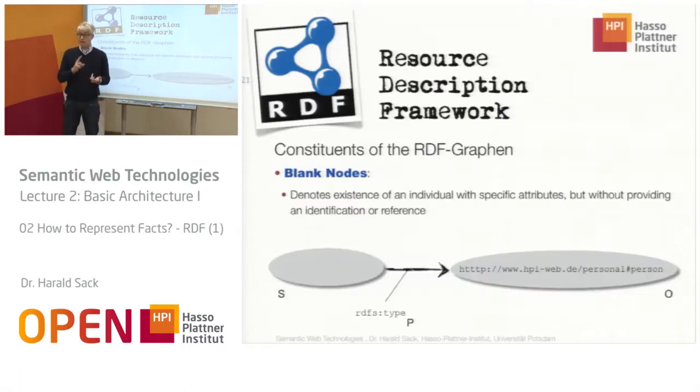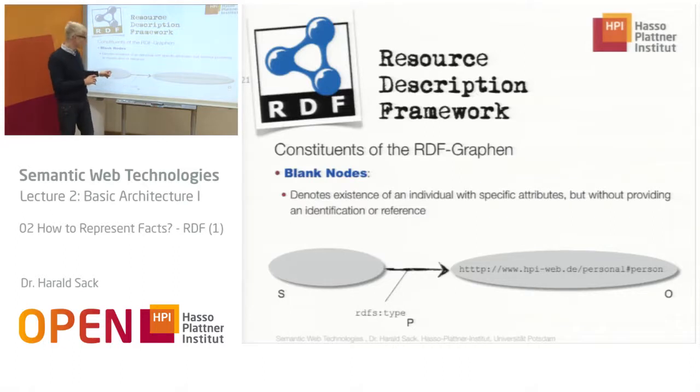Another interesting constituent of the RDF graph, besides resources and literals, are so-called blank nodes. So I can have, for example, a subject or an object that has no URI associated with it. And then it's a blank node, an empty node. And this simply denotes the existence of some individual that has specific properties or specific individual attributes.